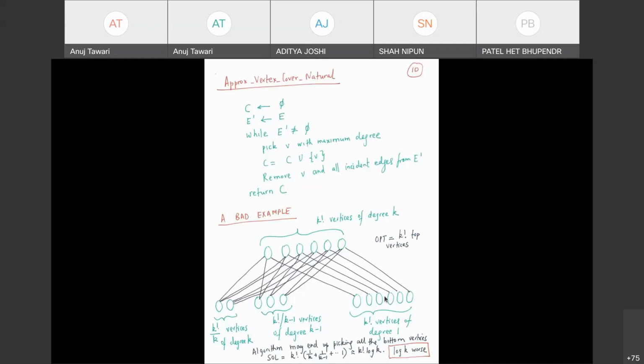These kinds of graphs are going to give a log k factor here. So what do you guess? In general, if your graph has n vertices and m edges, then what's the approximation factor? Yeah, any guesses?